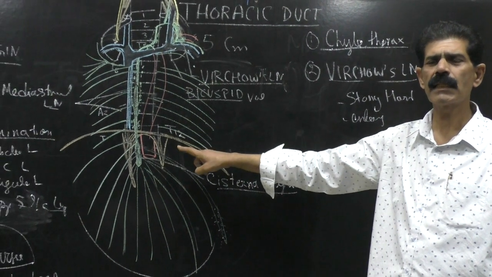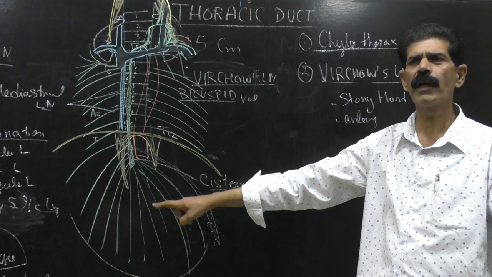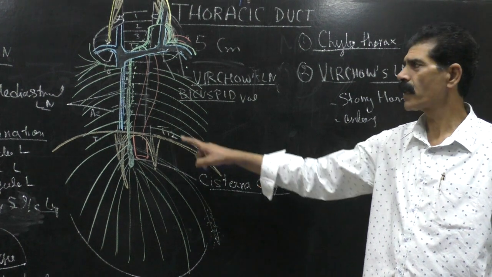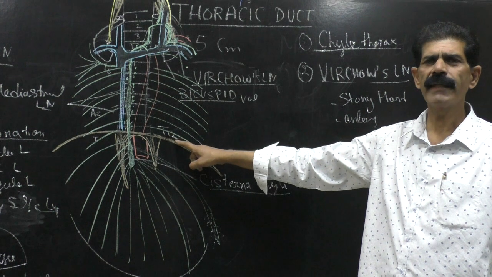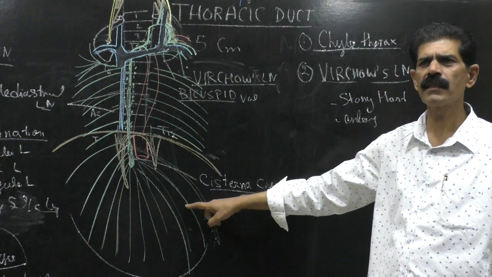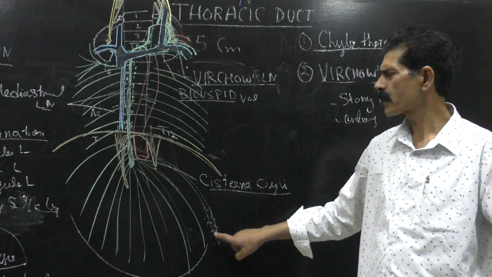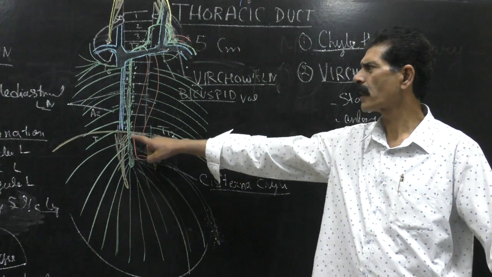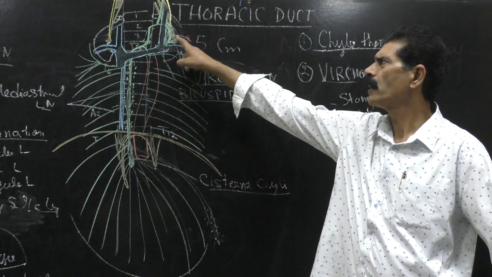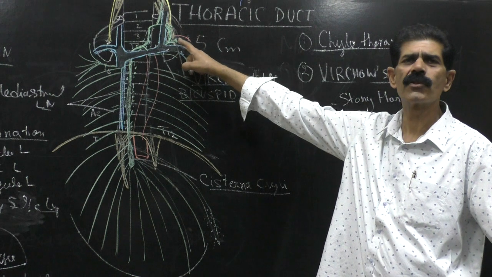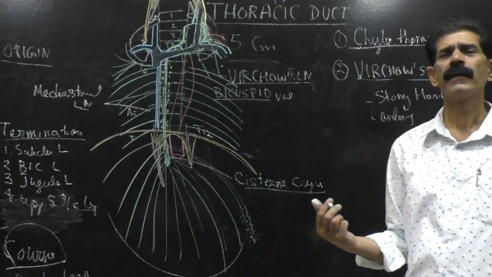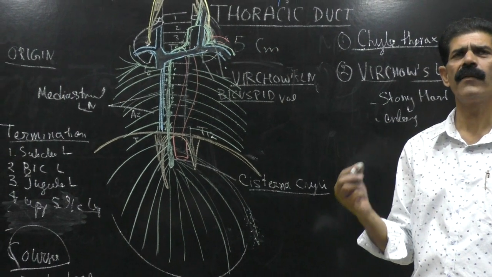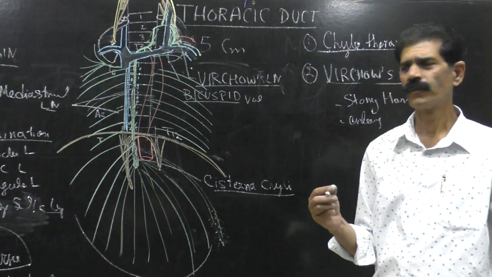Because the thoracic duct drains the whole of the abdominal organs as well as the lungs and the heart also. So any cancer cells from these organs travel through the lymphatics and reach the cisterna chyli and through the thorax, and they reach the single lymph node, that is the virchow's lymph node, which gets stony hard. So that is the clinical importance of the single lymph node, the virchow's lymph node.